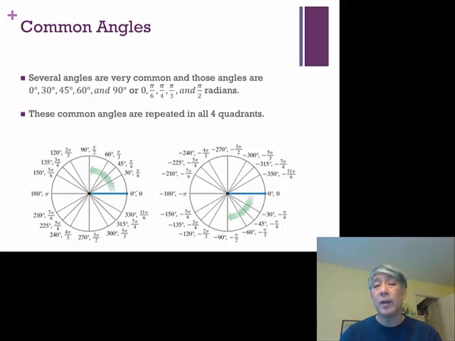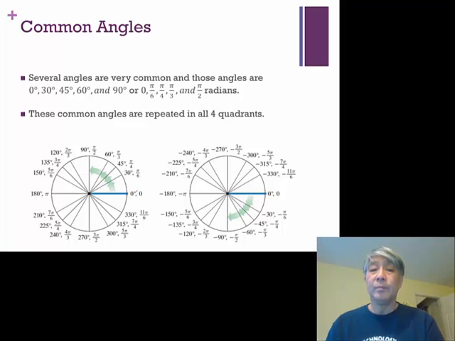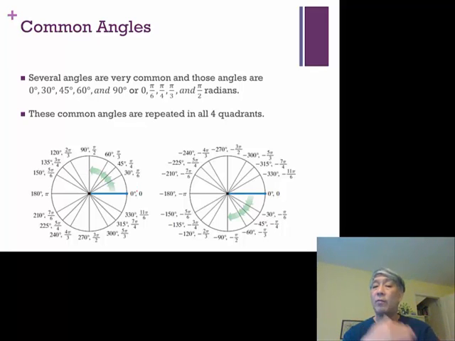I would recommend that you pick one of these that you're more comfortable memorizing, either the ones in degrees or in radians, and memorize those angles going forward. Best would be to memorize both. And so that's what I mean by these common angles are repeated in all four quadrants.